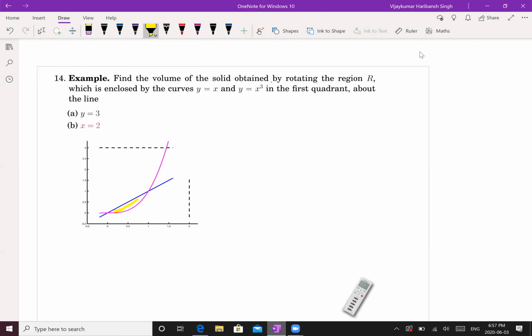So this is your region which you're going to rotate around x equals 2, which is this line here. When you rotate, you will get a shape of the following form. So you will look at the cross-sectional area around x. This is how it will look.